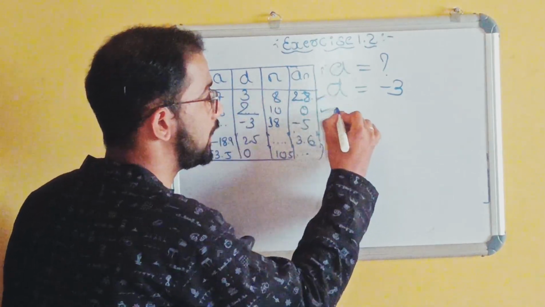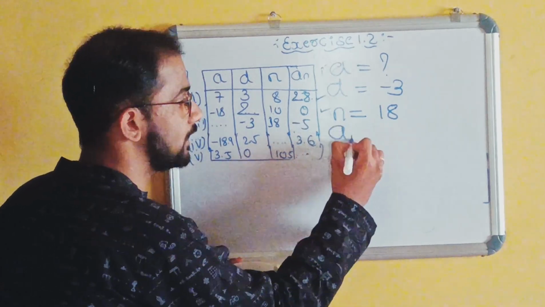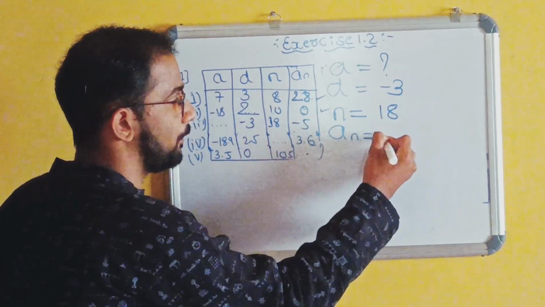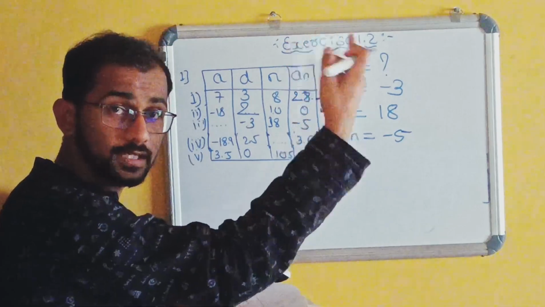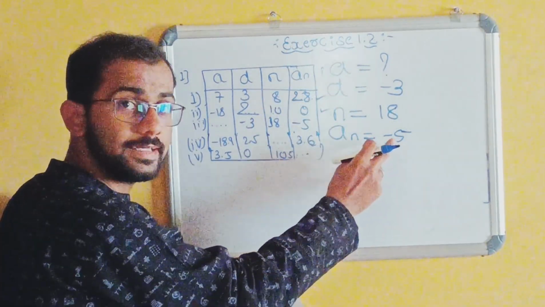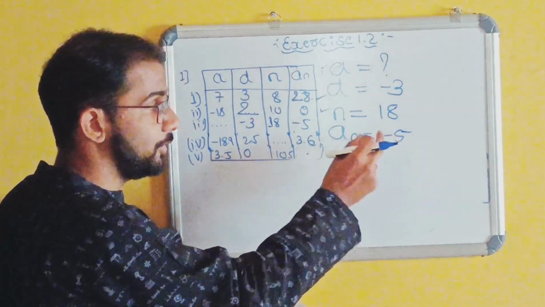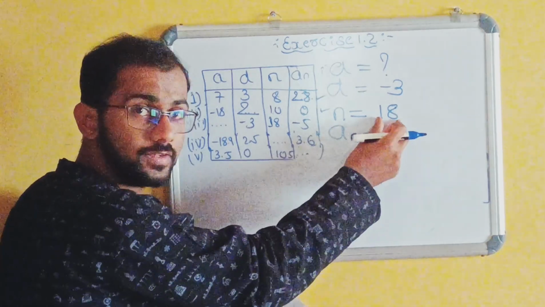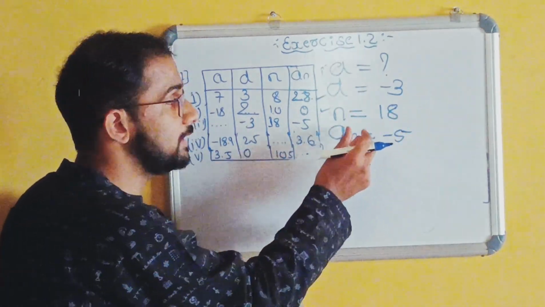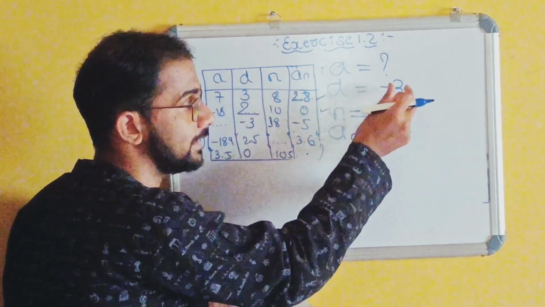So substitute n is 18, and An is also given, that is An is minus 5. That means the last term of the sequence, the 18th term, is minus 5. There are 18 terms in the given sequence, that means n is 18, and the common difference D is given as minus 3.